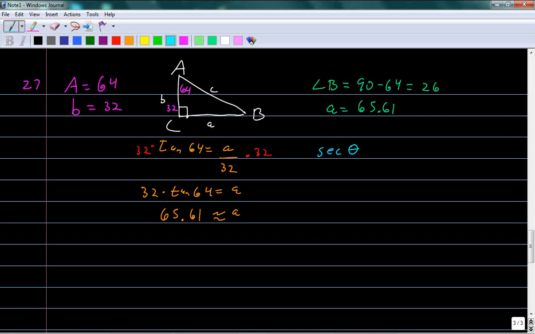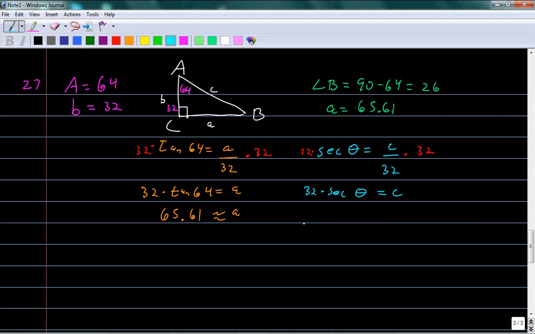So secant of theta is equal to little c over 32, which means I'm going to multiply both sides by 32, which means I'll have 32 times the secant of theta equals c. Now you should notice on your calculator, you don't have a secant button.